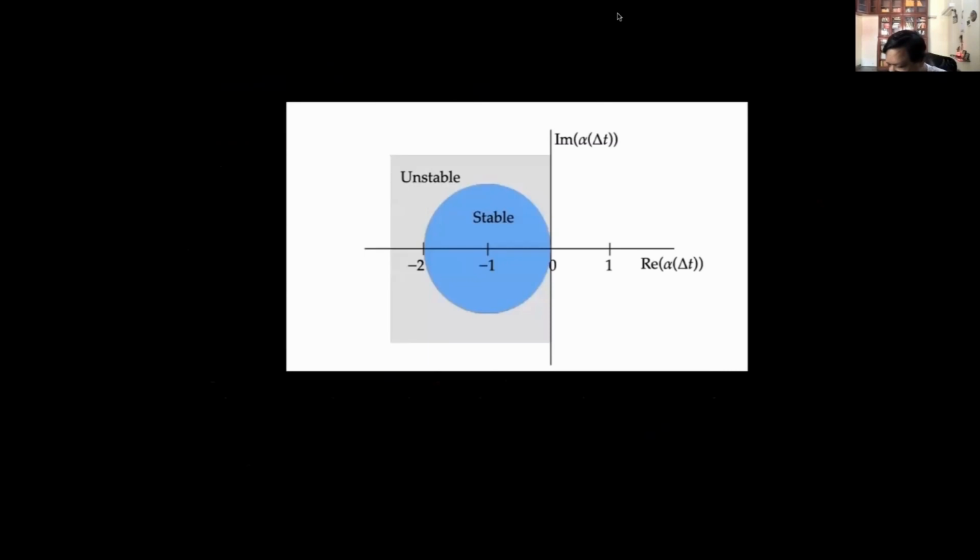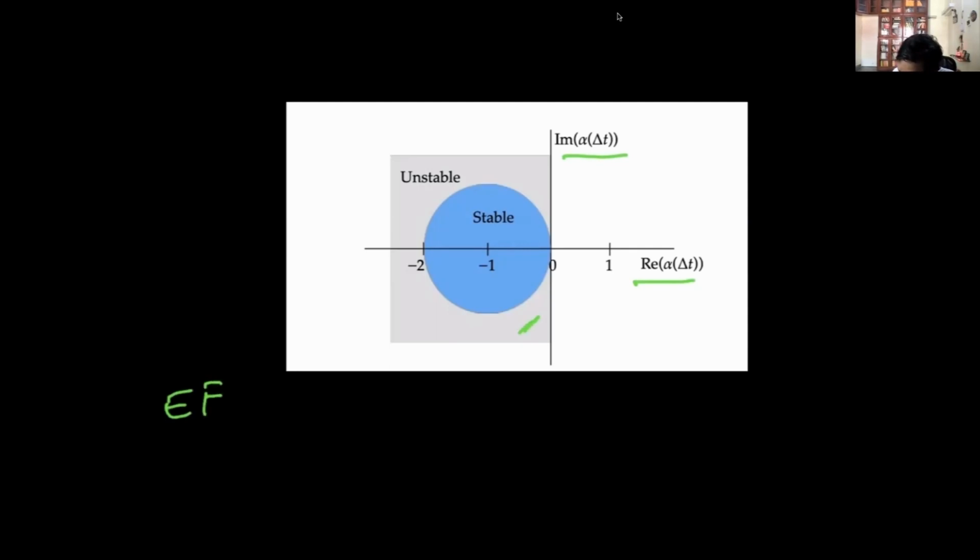Okay, so the plot is the following. My alpha can be complex, no? So we have real alpha and imaginary alpha. But when real alpha is negative, so this part, now this is only the Euler forward scheme, okay? Euler forward.